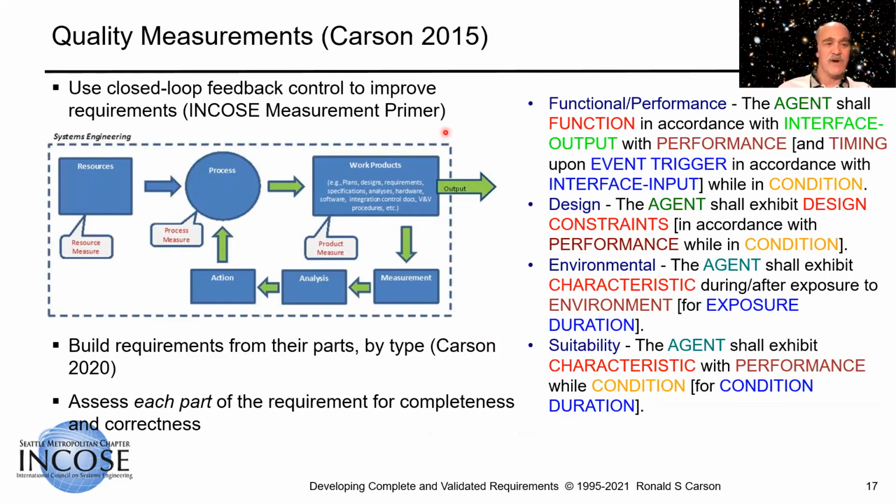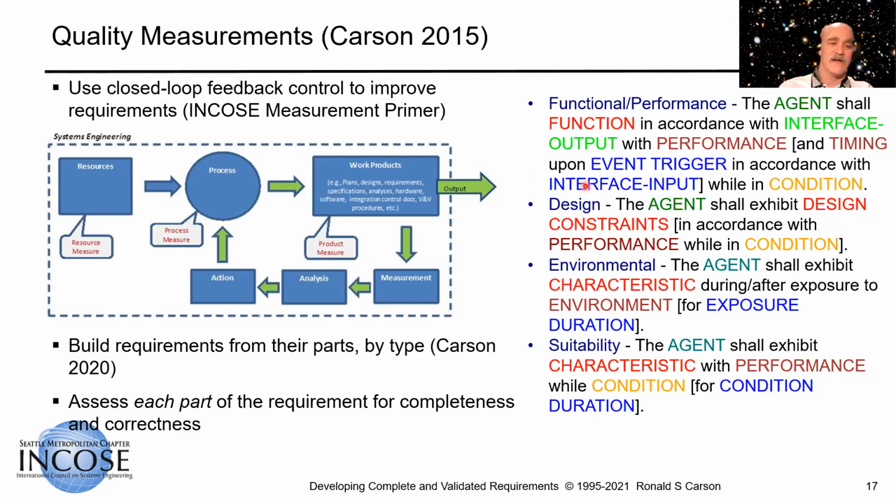If we have requirements in their parts, we can measure, is this the correct agent? Is the function observable? Is the interface defined? Is the performance defined, and are the tolerances appropriate? Is the timing identified? Do we have a trigger? Is the interface defined for the input trigger? And do we have a condition statement?